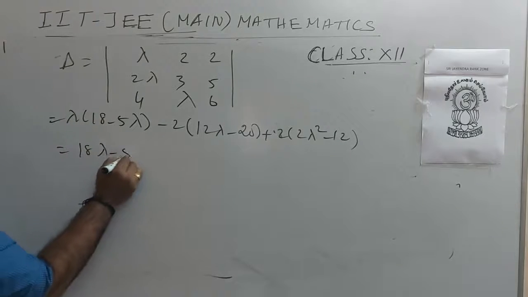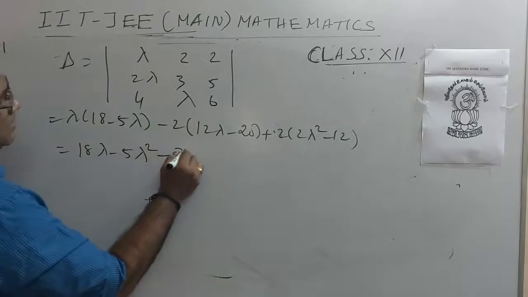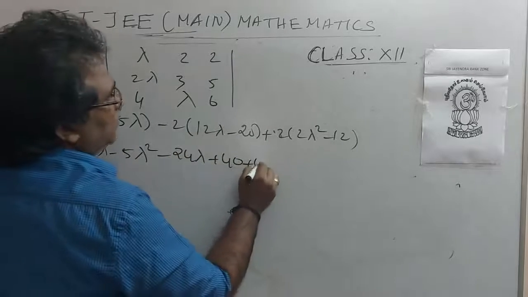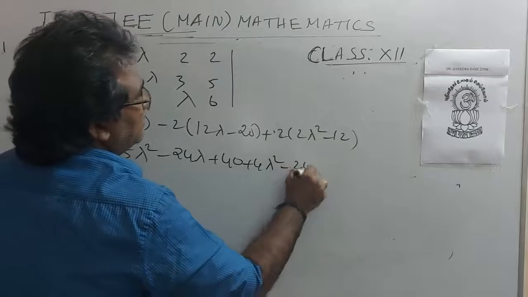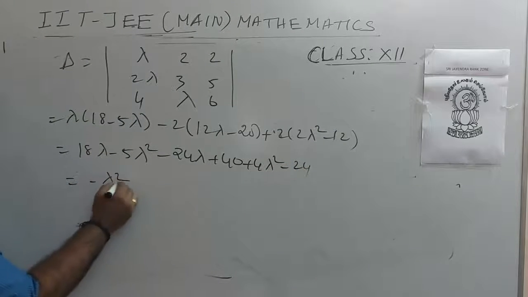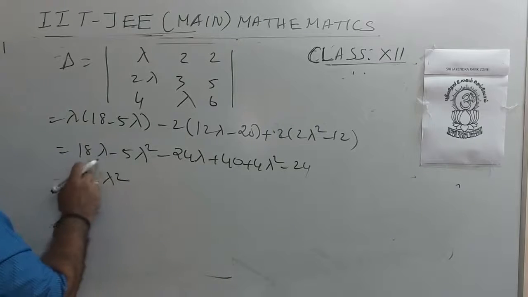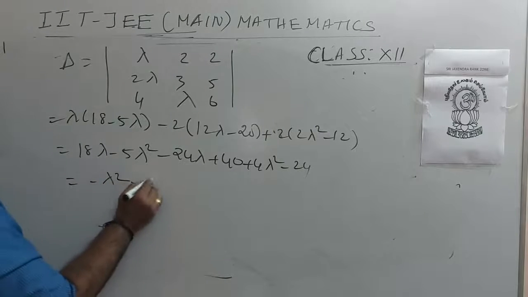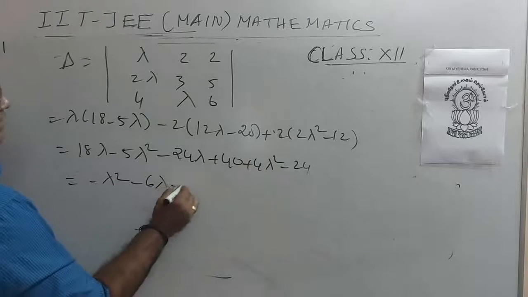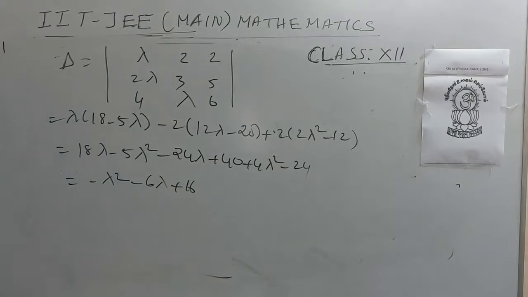That gives 18 lambda minus 5 lambda squared minus 24 lambda plus 40 plus 4 lambda squared minus 24. 4 lambda squared minus 5 lambda squared is minus lambda squared; 18 lambda minus 24 lambda is minus 6 lambda; 40 minus 24 is plus 16.